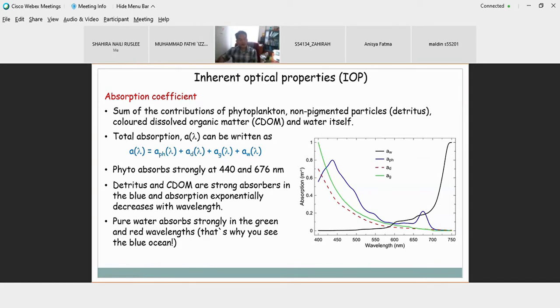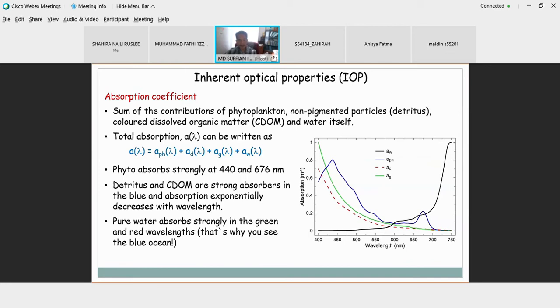So bila you buang, that one PIM yang you ukur tu, particulate inorganic matter tu, that one is a detritus actually. Dia adalah detritus.